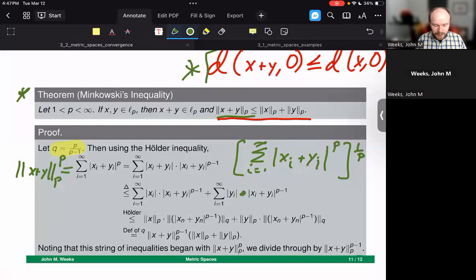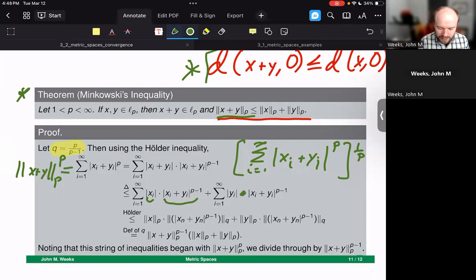And then at this point, I have two things that are being multiplied together to find an L1 metric. That's because this is the absolute value of something, this being of a particular sequence of absolute values of x sub i's, this being of a particular sequence of x sub i plus y sub i absolute value to the p minus 1. A little strange way to see this as an L1 metric, but it's because we're breaking apart these two parts into different sequences.